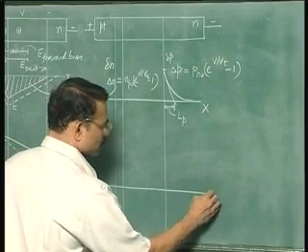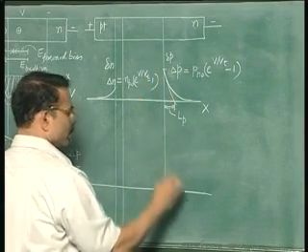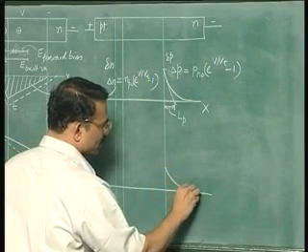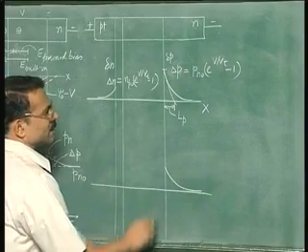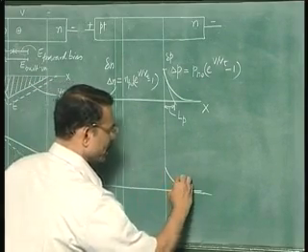Now the gradient is 0 here and it goes on increasing. So Jp will also be an exponential shape because the gradient of an exponential is an exponential. So this is Jp.